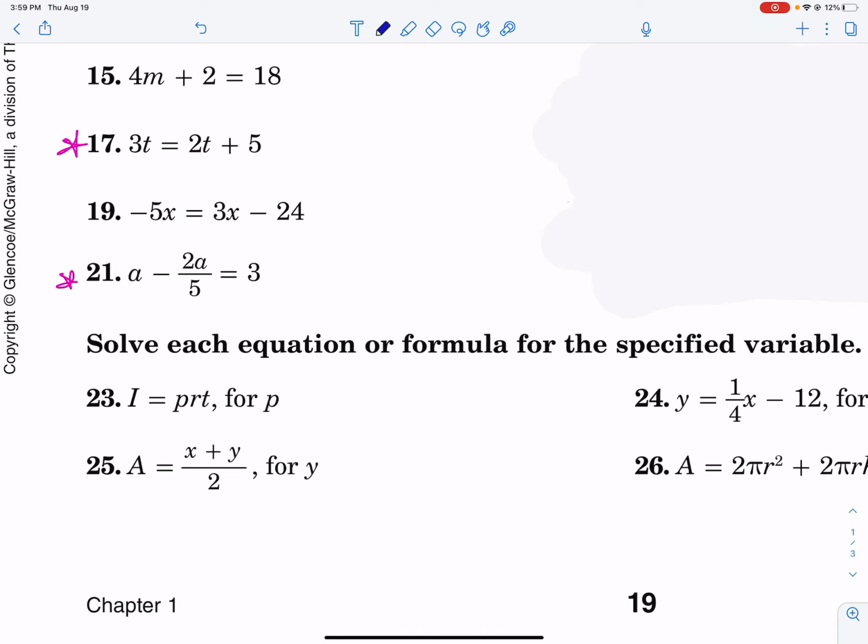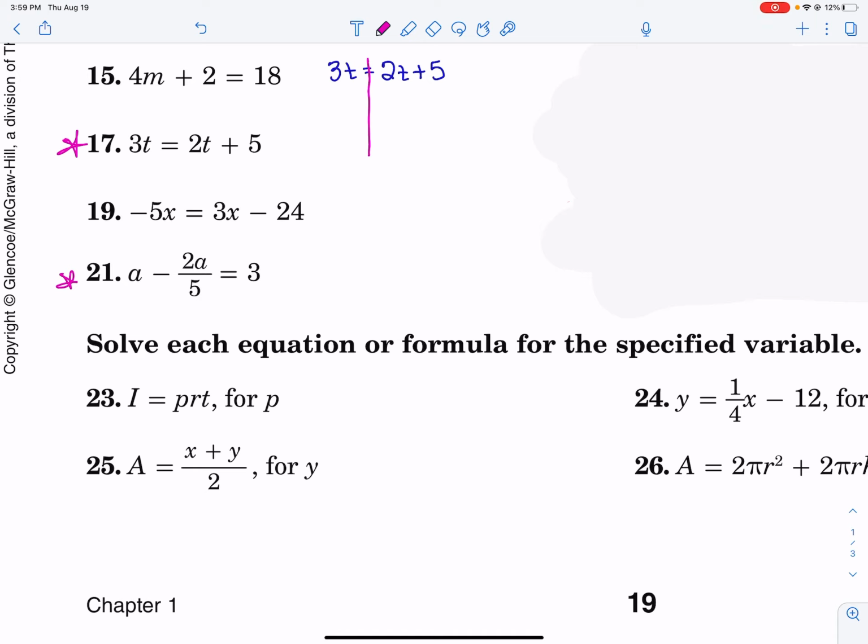All right, I'm first going to rewrite that problem so that I have more room to write. So I have 3t equals 2t plus 5. What we're trying to find here is the value of t. Thinking about the steps that we wrote down today, first I asked myself, is there any distribution?